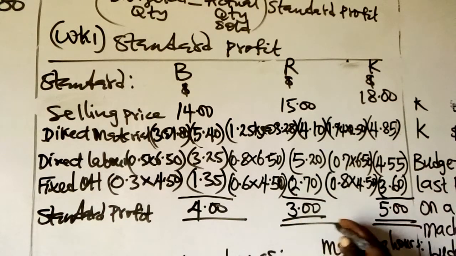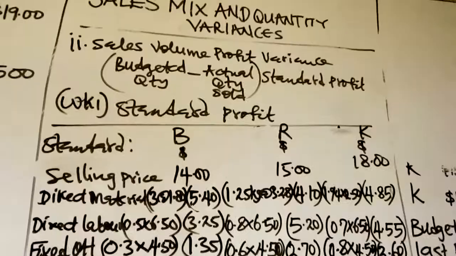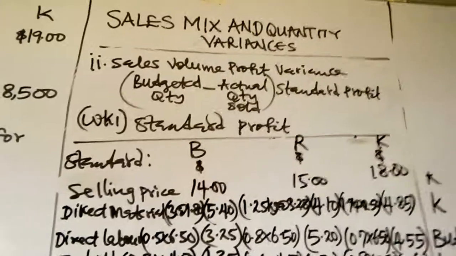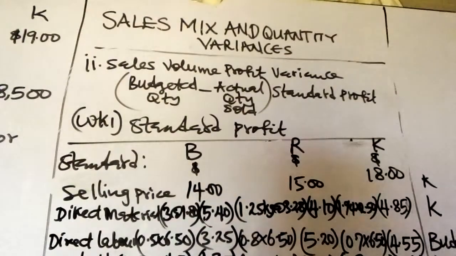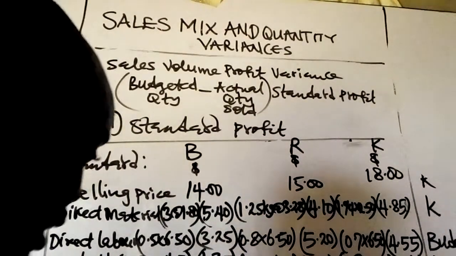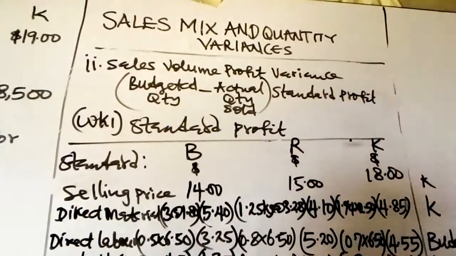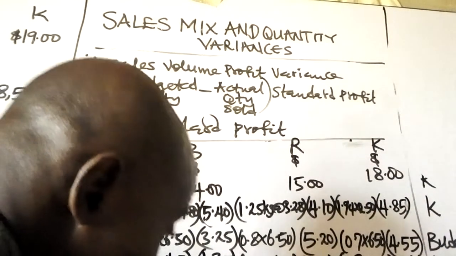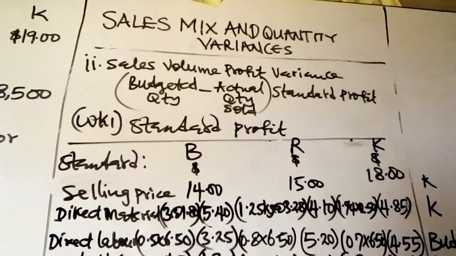Now we've got our standard profit. Now you can go back to the requirement of the question. In the question, what we have to calculate is the sales volume profit variance. Don't forget, I've told you that the sales volume profit variance is the budgeted quantity minus the actual quantity sold, multiplied by the standard profit.